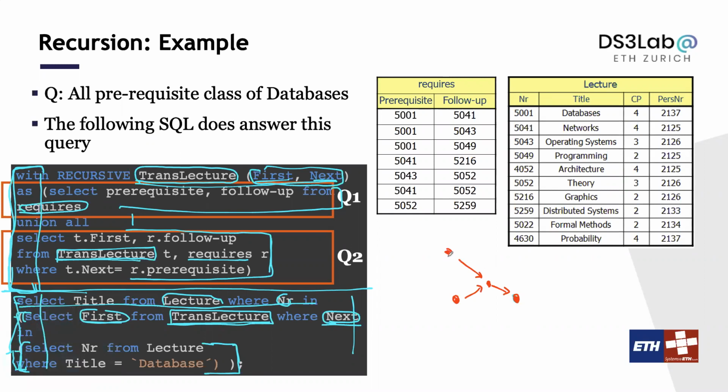Union all becomes a problem when you have a loop in the graph, because once this node is in the result, running it again is going to get itself. So it never stops.